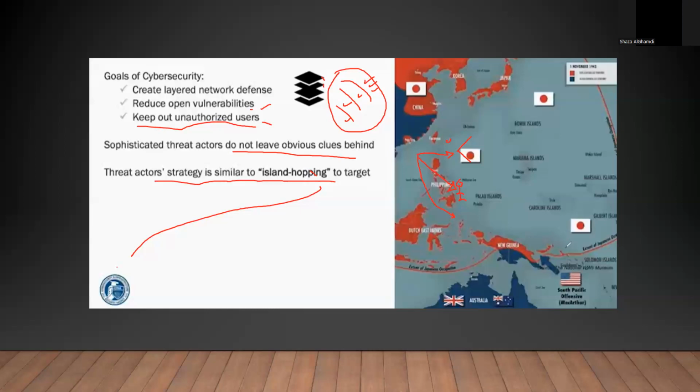And our whole purpose here in the IOC section today, as a SOC engineer, a digital forensics engineer, or a threat hunter, is to find these traces. You cannot jump from island to island without leaving traces. You cannot have two car crashes without finding evidence of who was right and who was wrong.